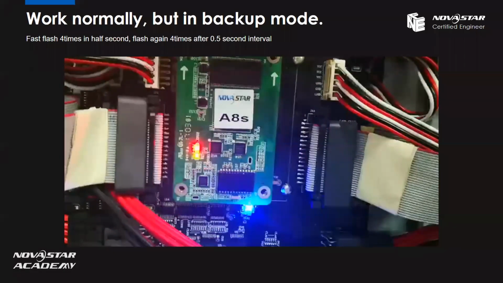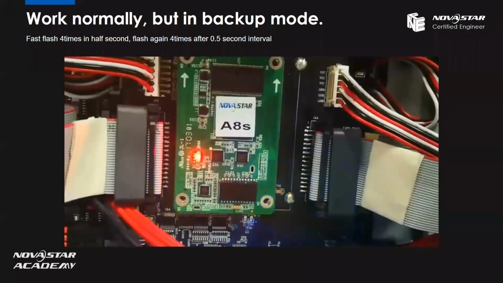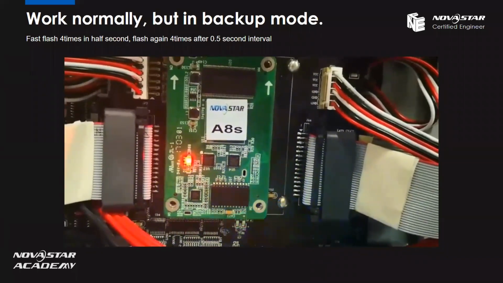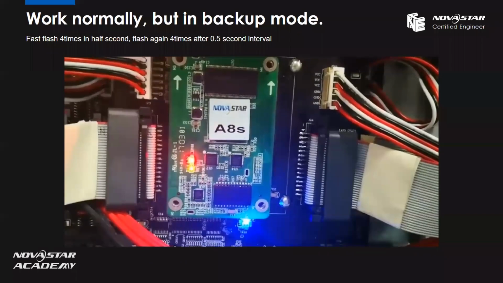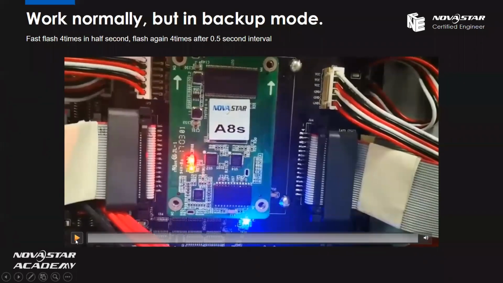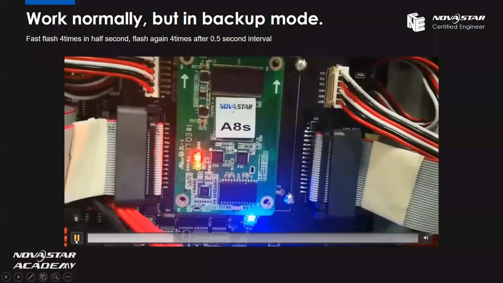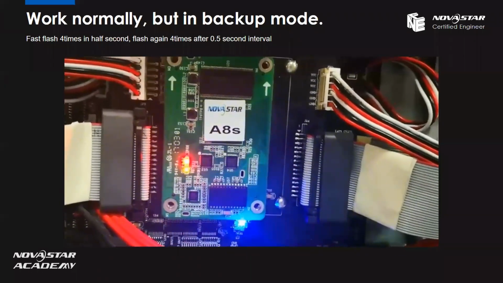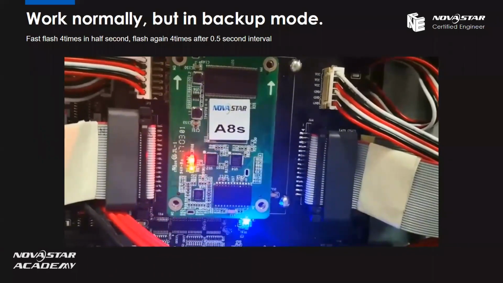It flashes 4 times in half a second, and then flashes again 4 times after a half-second interval. So this situation means our receiving card works normally, but it is in the backup mode.